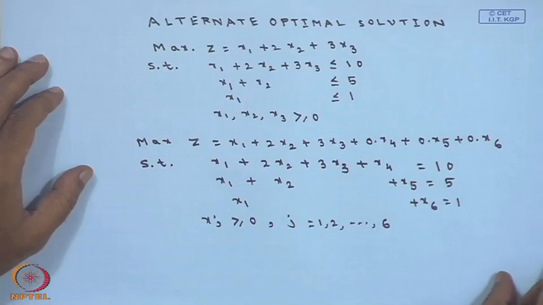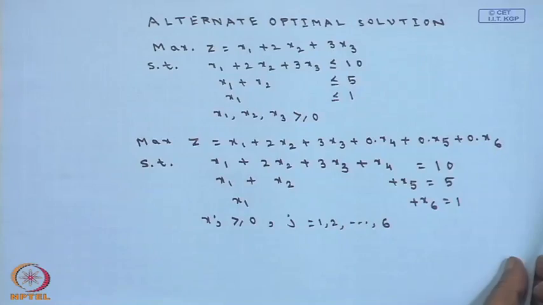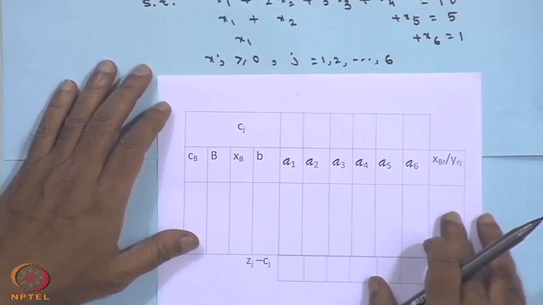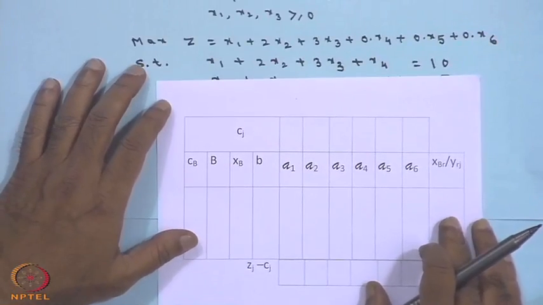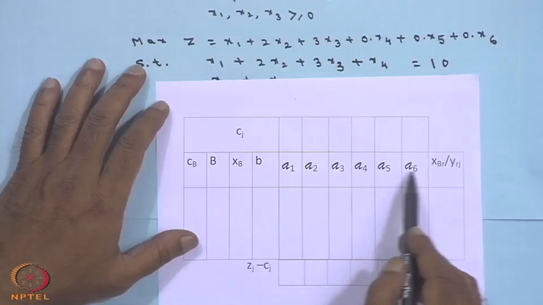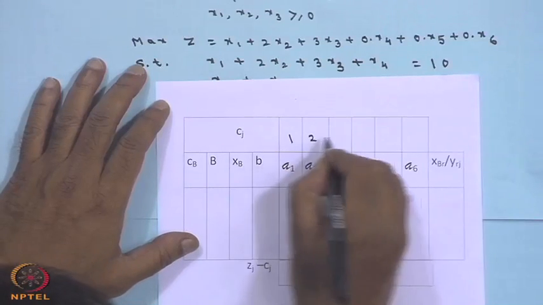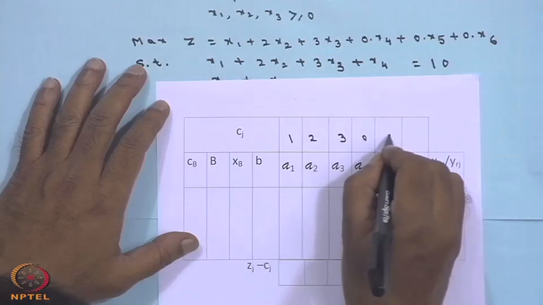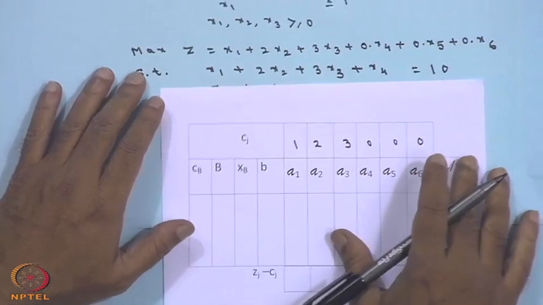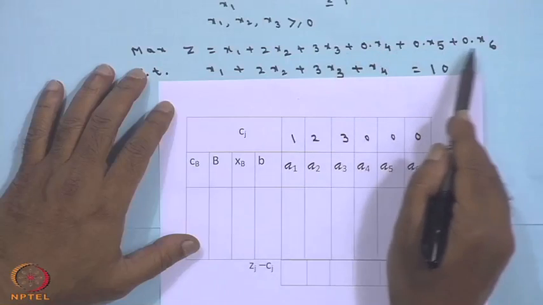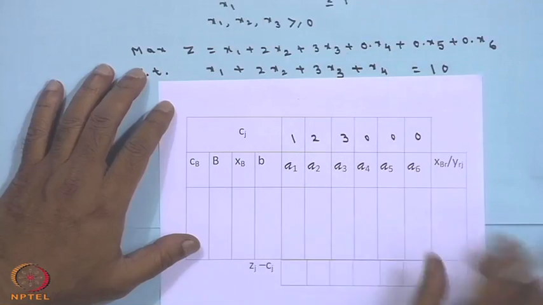Now, let us form the first simplex table. The first simplex table we write this way. Your Cj is 1, 2, 3, 0, 0 and 0, which you can get from the objective function.